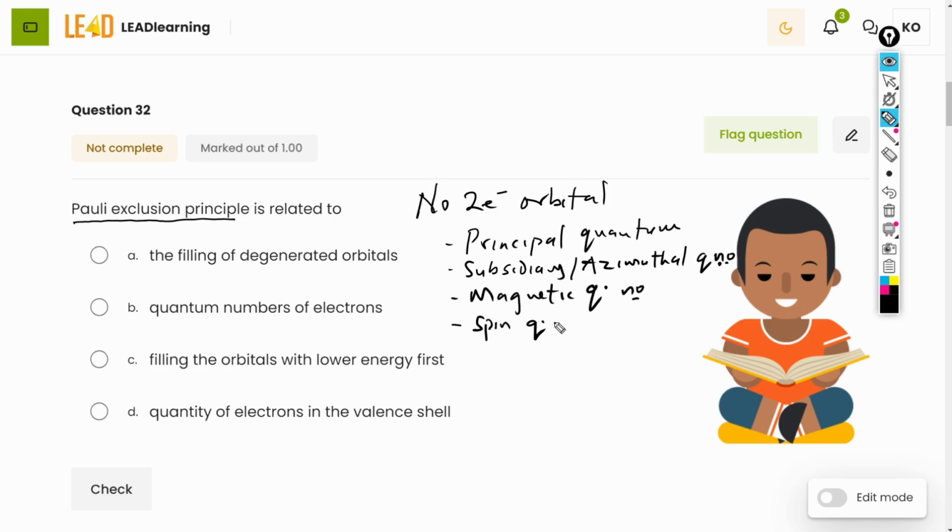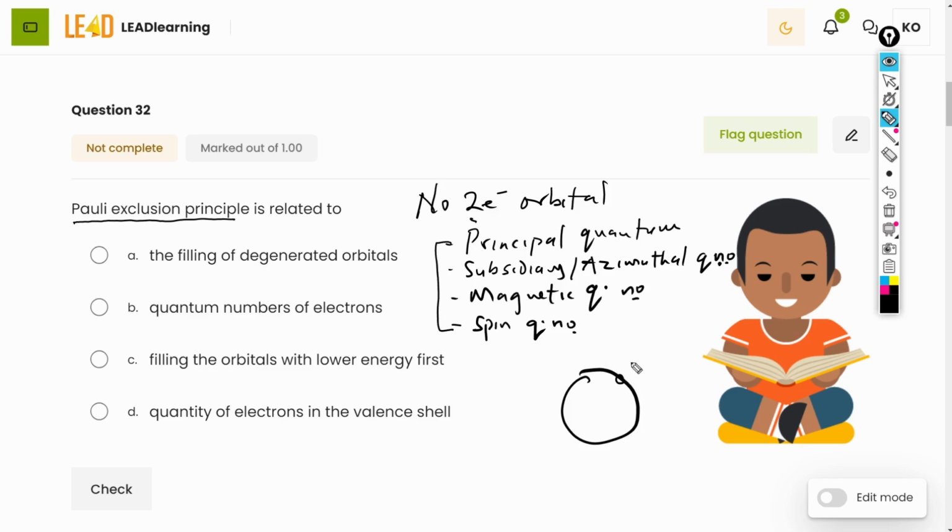quantum number. Now, this principle states that two electrons occupying the same orbital cannot have the same values for these four numbers we just mentioned. So they can have the same number for these first three, but they will not possess the same spin.